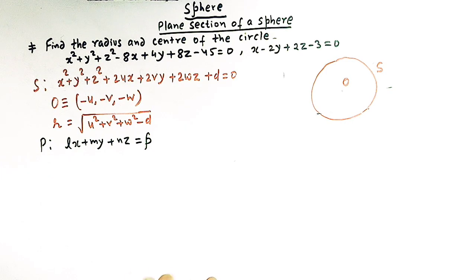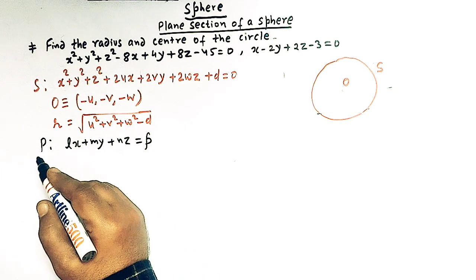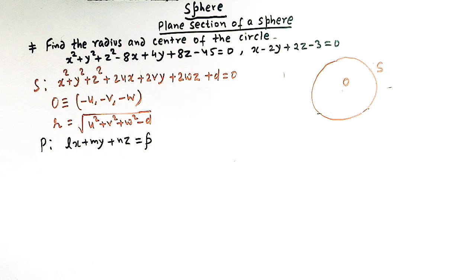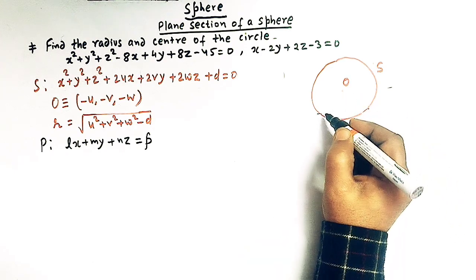Now let us draw a rough diagram when a plane P intersects or cuts a sphere S, and the section of the sphere is known as a circle. Let us draw the circle here.